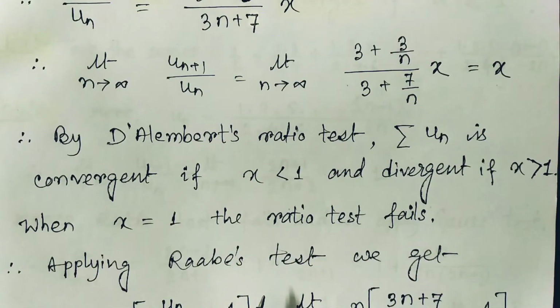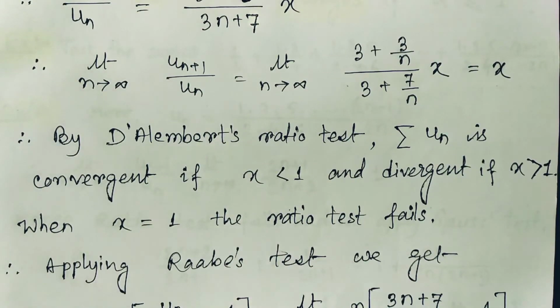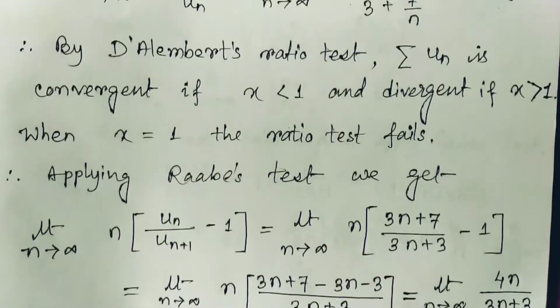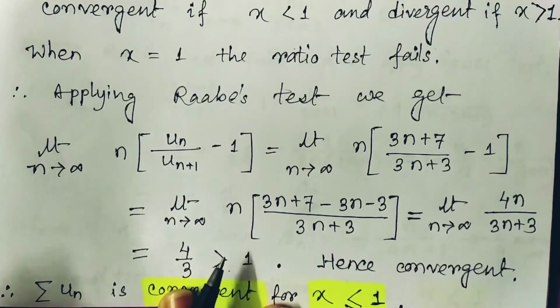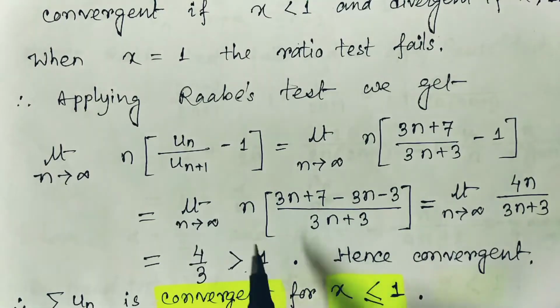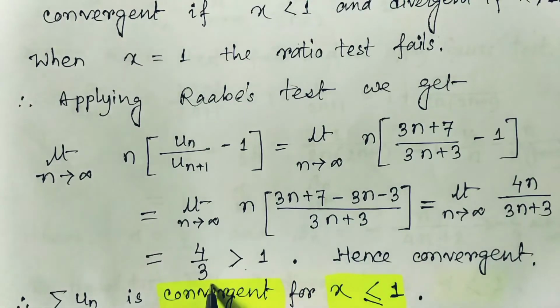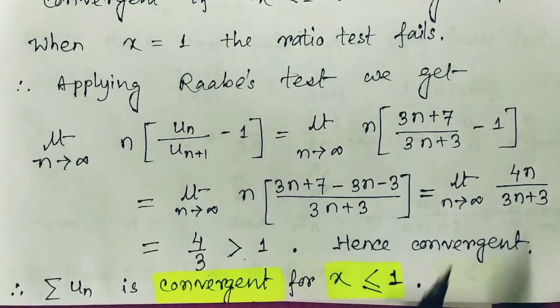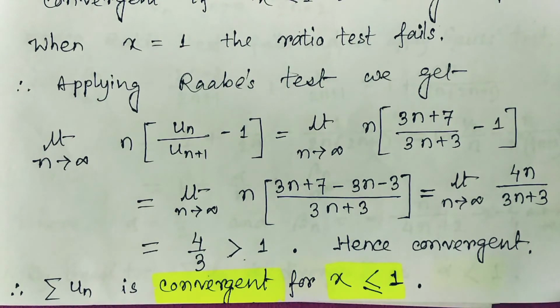So we substitute x equals 1 in this un and apply Raabe's test, and we find the limiting value is 4 upon 3, which is definitely greater than 1. Hence by Raabe's test, when x equals 1, the series is convergent.